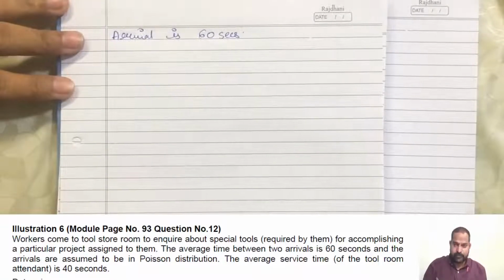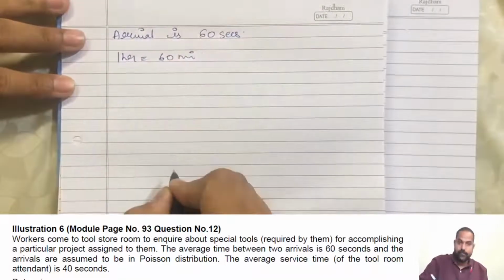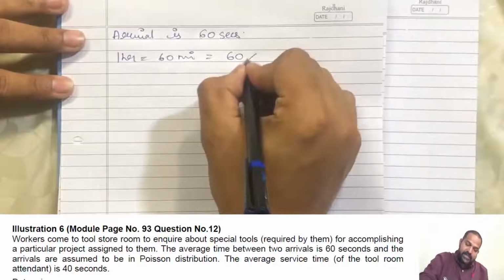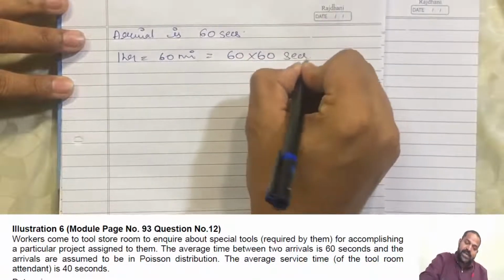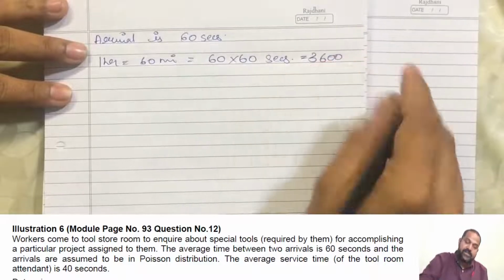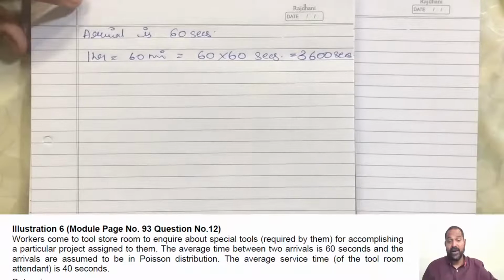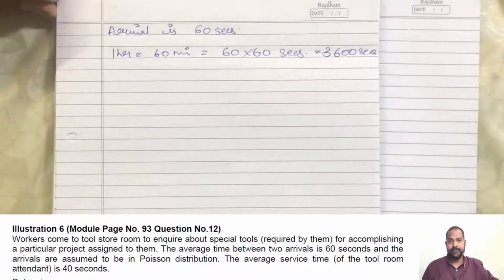Well, simple. 1 hour is 60 minutes, which is basically 60 into 60 seconds. 6 sixes are 36, which is 3600 seconds is 1 hour. So simple.